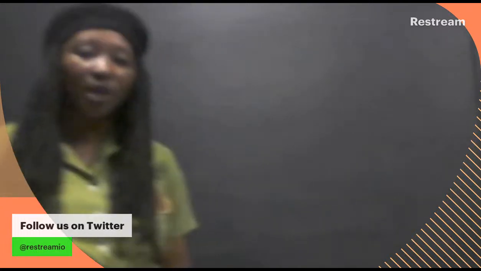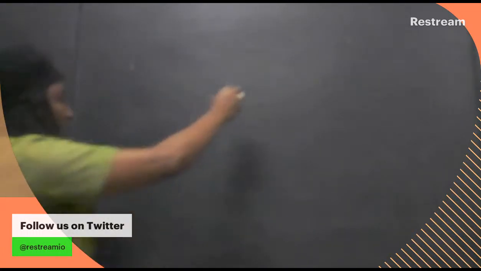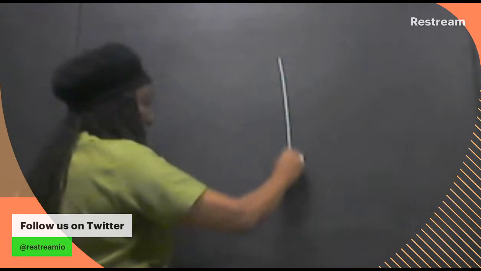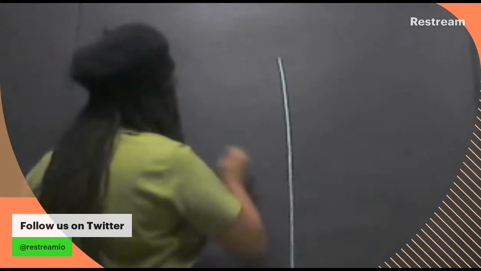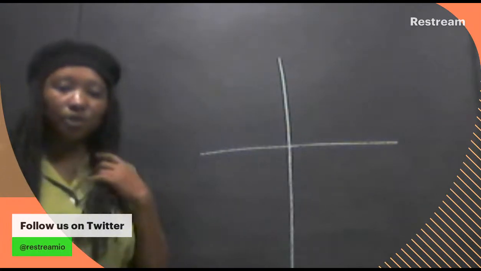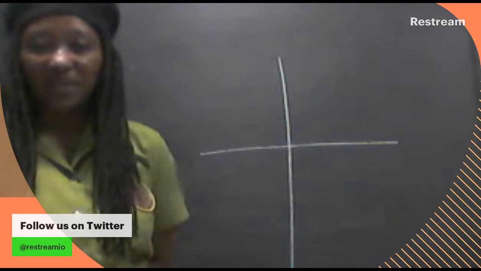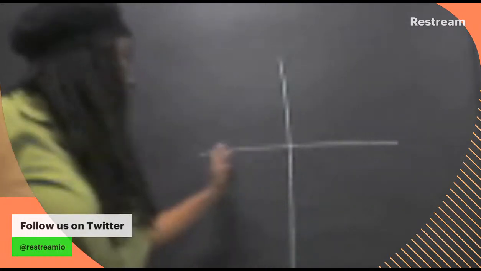Welcome, welcome. So we're looking at the basics of graph. We're going to start with the coordinate plane, also called the Cartesian plane. Now, I do not draw straight lines, so we're going to imagine those lines are straight. Imagination, pretend that they are straight.